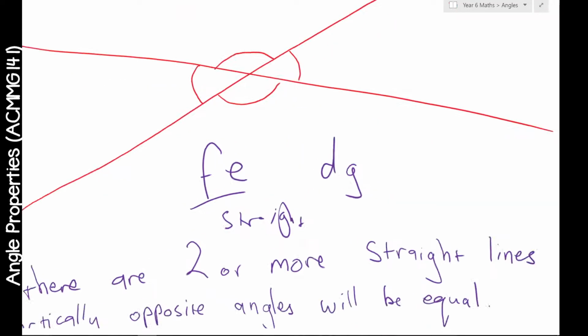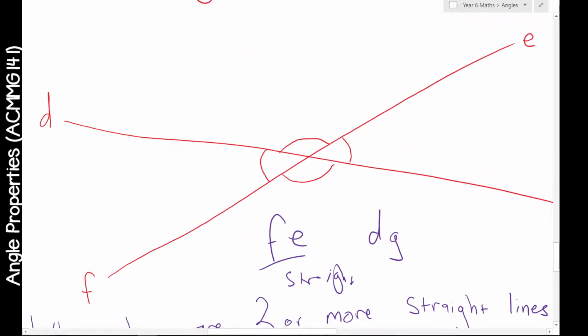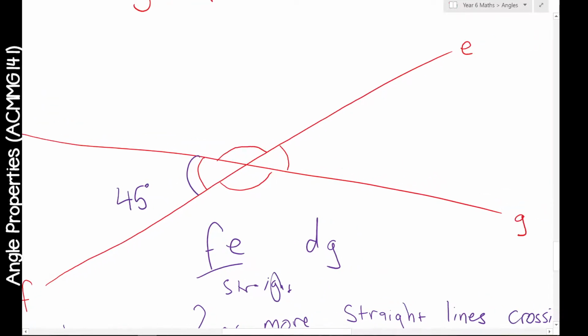So if we were told, I don't know, this little angle here was, if I just pick a random number, I think it looks roughly like 45 almost. So it looks about 45 degrees. Then because this right here is opposite, we actually know that this is 45 as well, because they're on a straight line and they're opposite each other.